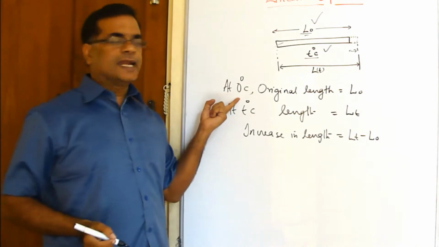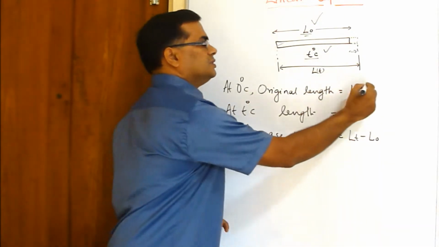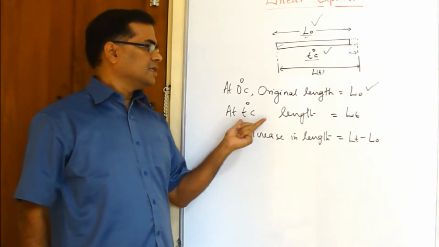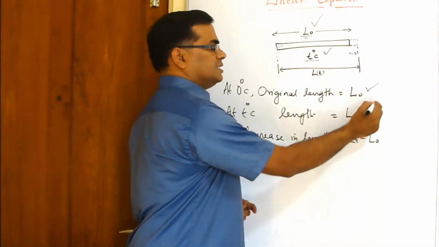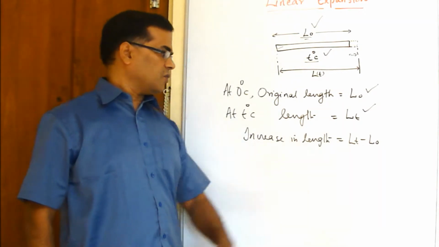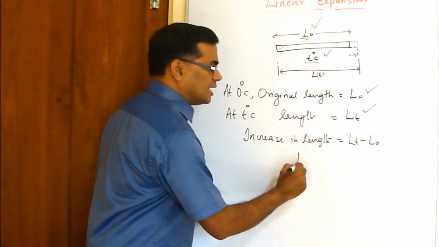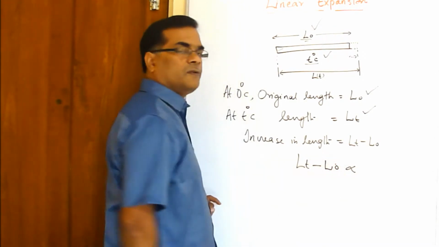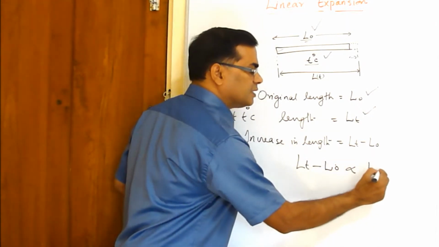At 0 degrees centigrade, let the original length be L0. On heating up to T degrees centigrade, the length increases to LT. Now what is the increase in length? LT minus L0. As I said, the increase in length is proportional to the original length.